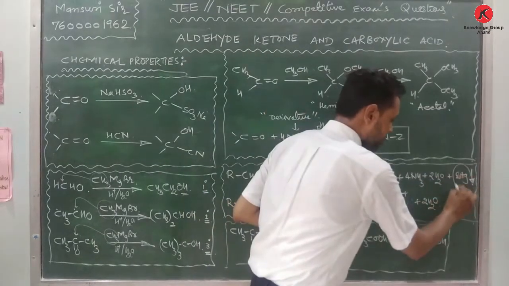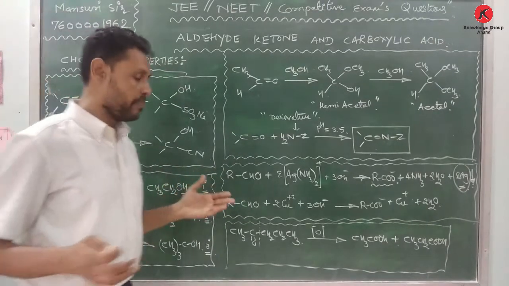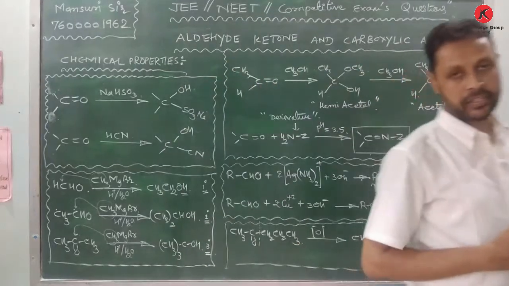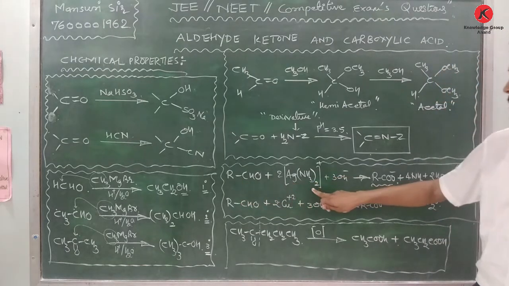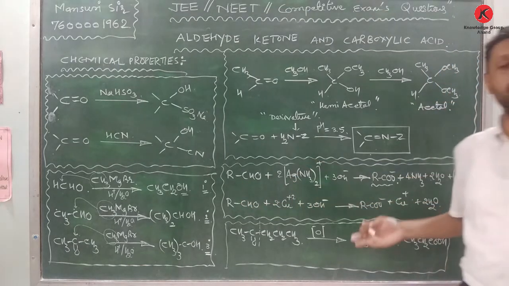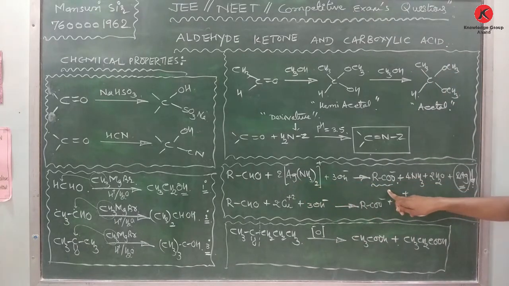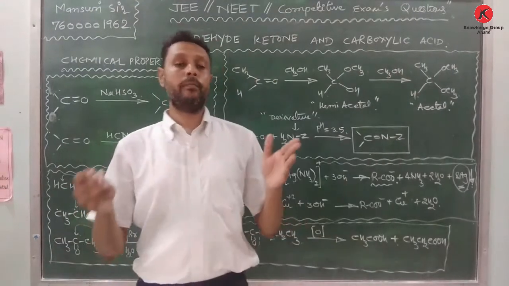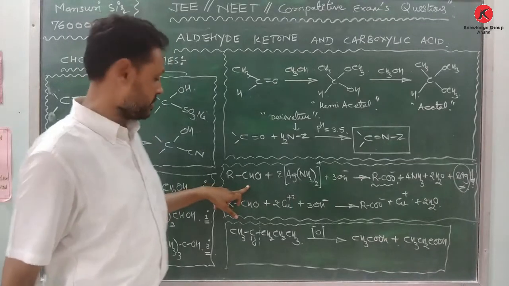So that is why this reaction is known as Tollens reagent, and the mirror is obtained on the layer of the test tube. Okay, so when aldehyde reacts with ammoniacal silver nitrate, then carboxylic acid or carboxylate ion is formed, and silver mirror is obtained in the inner part of the test tube. This reaction is known as Tollens reagent.